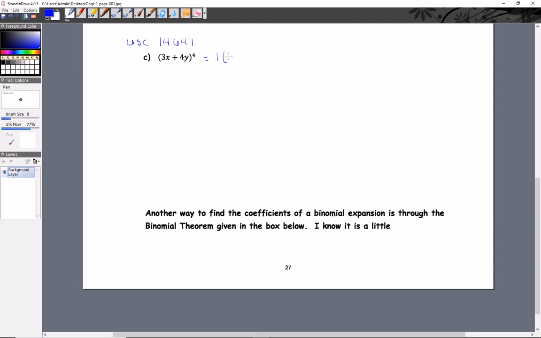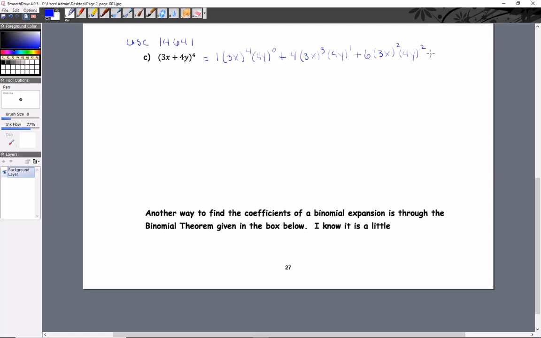But in any event, this will be 3x raised to the 4th power and 4y raised to the 0 power. All right? Everything is positive, so everything will be plus in between. 4, and that'll be 3x to the 3rd power and 4y to the 1st power. Adds up to 4. Plus 6 times 3x to the 2nd power, 4y to the 2nd power.